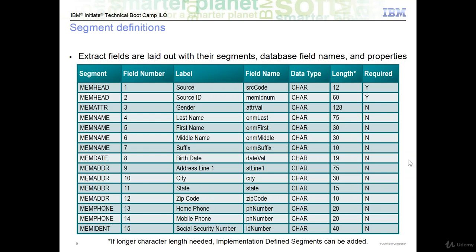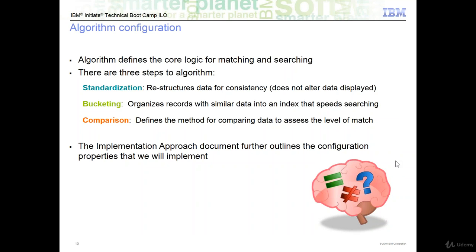Now for the case of segment definition, where you have extract fields which are laid out with their segments, database field names and property. An algorithm that defines the core logic for matching and searching, where there are 3 steps: standardization, that's a restructuring of data for consistency; bucketing, where it organizes records with similar data; and comparison, defining the method for comparing data.